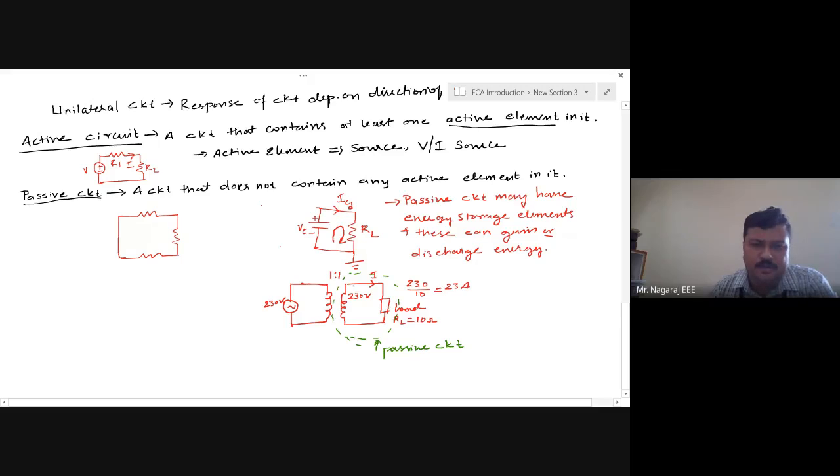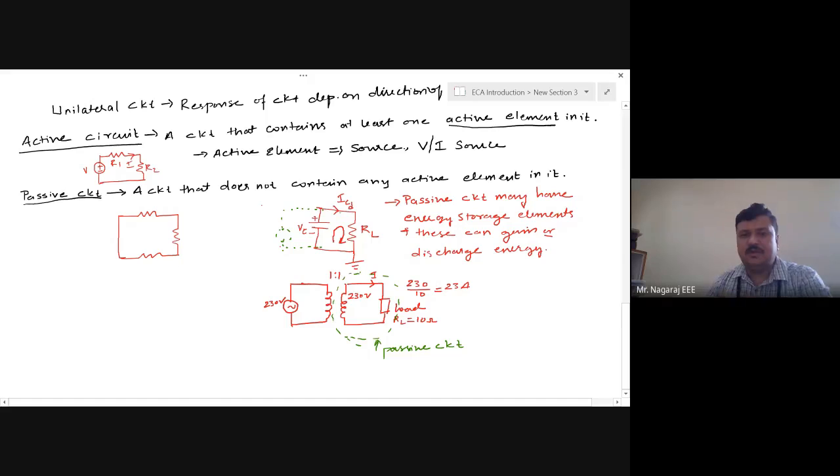Likewise, this capacitor may have been connected to a source before connecting it to this resistance RL. Capacitor cannot be charged automatically. There can be some source, either through direct connection or through electrostatic discharge or electrostatic interference, whatever the reason, which charged this capacitor earlier. Then it will discharge its energy.